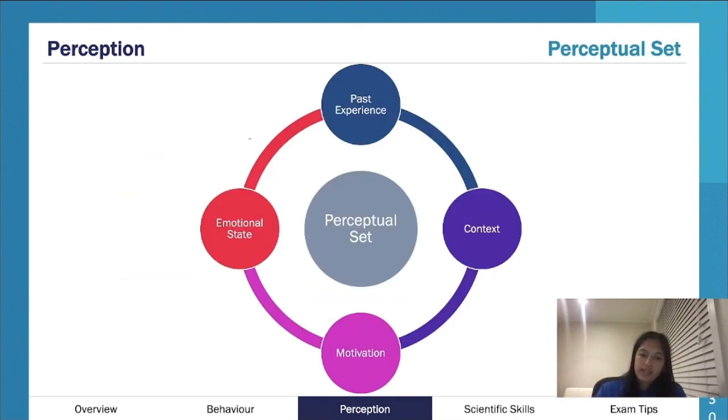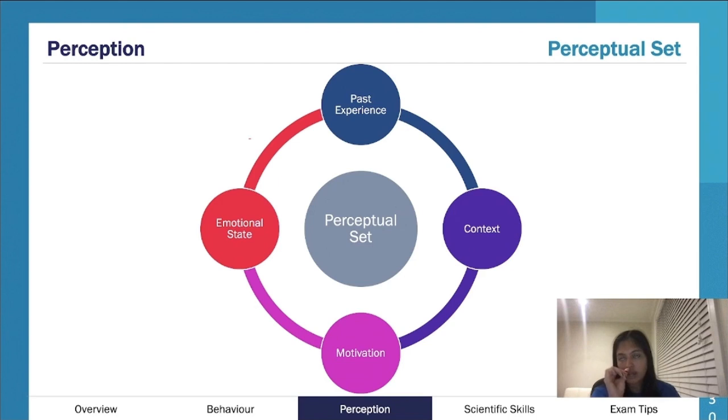Okay, so perceptual set basically influences how you perceive things as well. It's how all of these factors come together to influence how you perceive something. Sure, we perceive information right in front of us, but our perceptual set also affects how we interpret that information. So our past experience, the context of where we're seeing this thing, the emotional state, the affect, and your motivation.